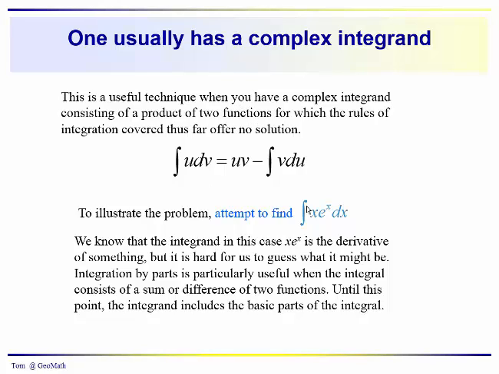Now, let's say you have an integral like this, x e to the x dx, and you've tried integration by substitution. Let's say we let x equal u, then du is equal to dx. That doesn't really help us.